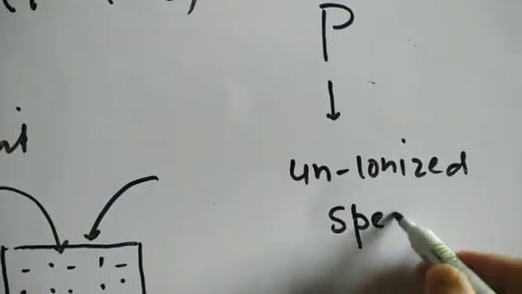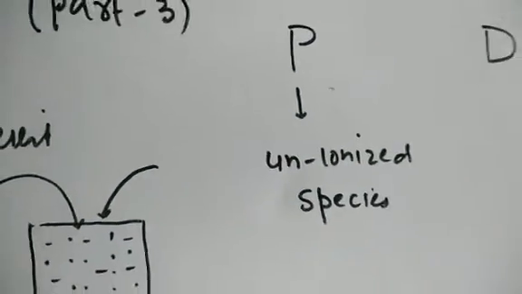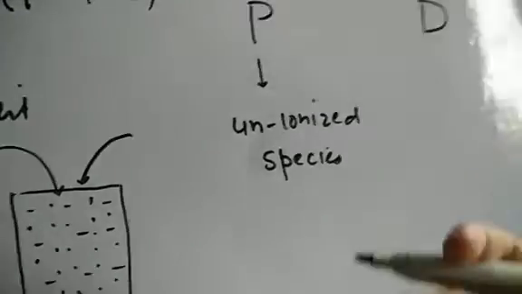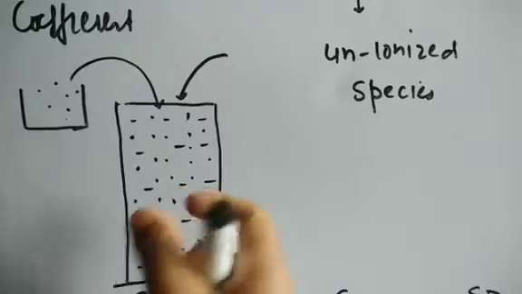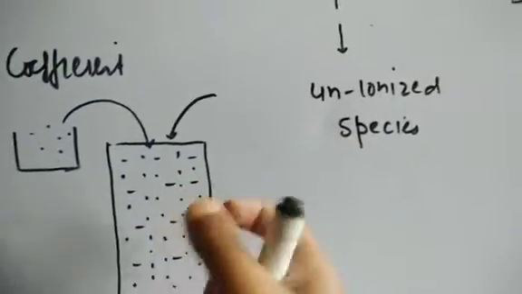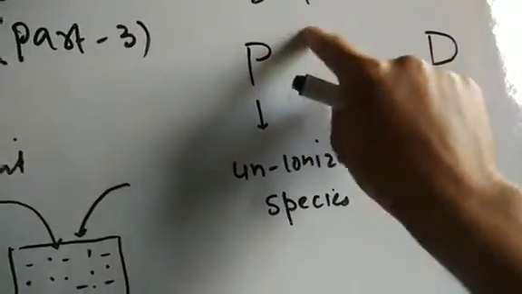That means when we are talking about the partition of unionized species through the column, or the equilibrium for unionized species between stationary phase and mobile phase, we use the term partition coefficient.